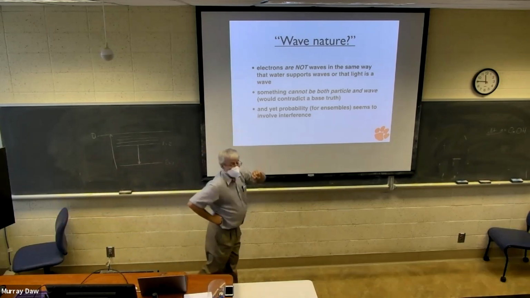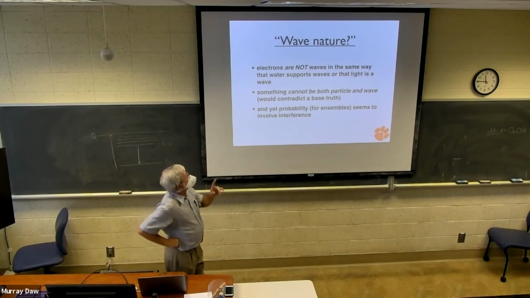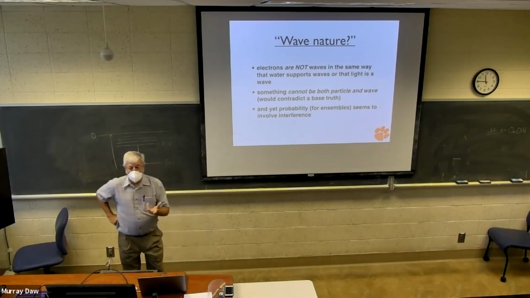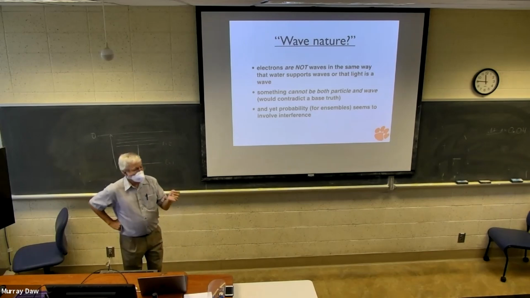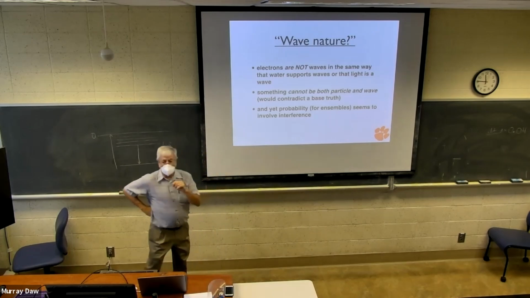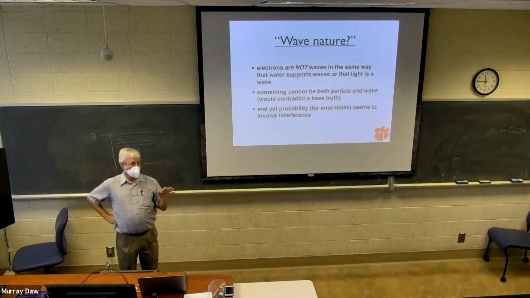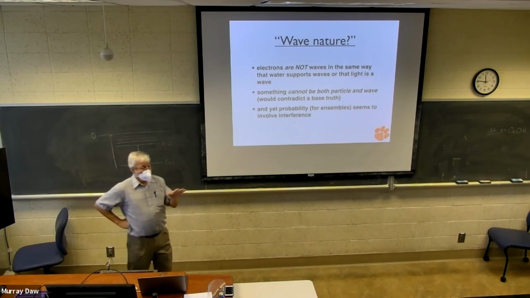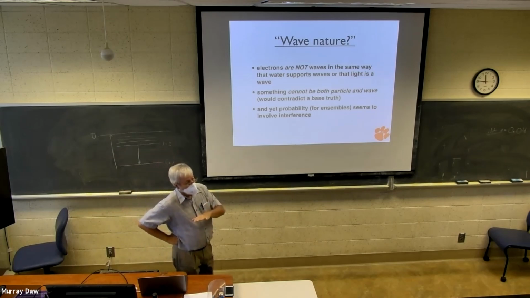Okay, but electrons are not waves in the ordinary way that we talk about it. It's not like water waves, or light is a wave. Electrons are not waves like that. They're particles. So something can't be both particle and wave at the same time. That would contradict the principle of contradiction. But you can't even imagine something that is both particle and wave. And in fact, there's a good reason, because that would be a basic contradiction.